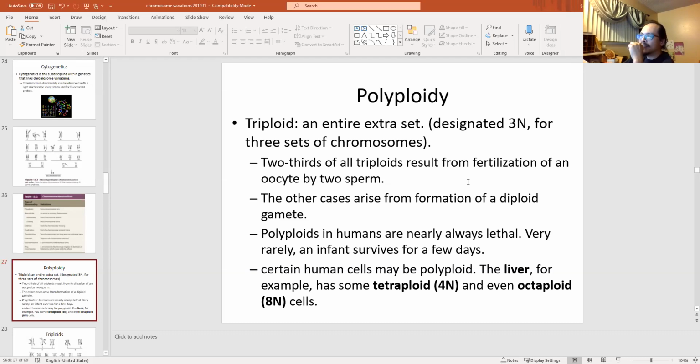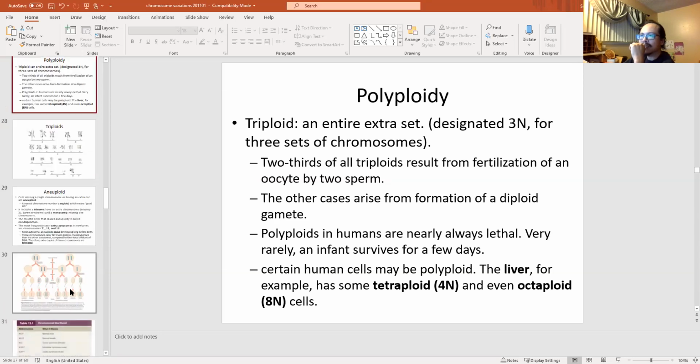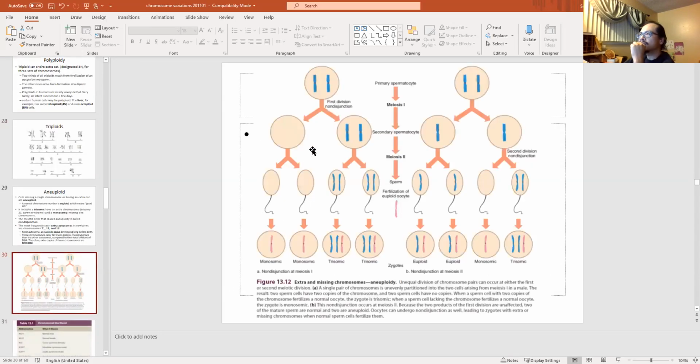How can we have this? This happens because when the cells conduct meiosis, they may not split well into two different daughter cells, right? So you may have, let's see, something like this one here, for example. Say this is the first split, second split, and here you have polyploid, right?